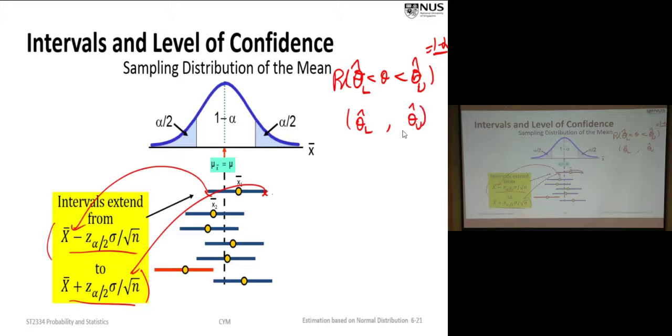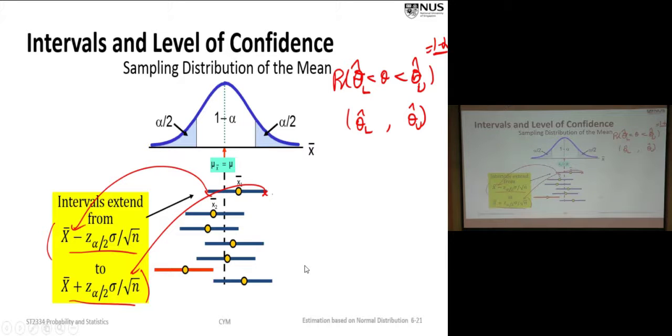This interval either covers the true mean or not, the true parameter. But what we say is that I've followed this formula of the random interval. I take many samples, each one I calculate. So out of so many confidence intervals, 1 minus alpha of them will cover the true mean.